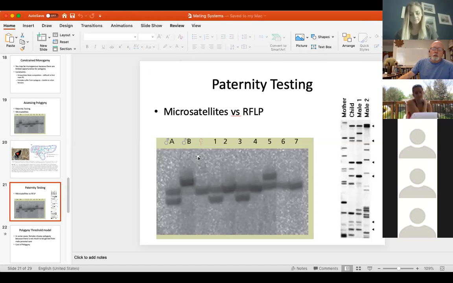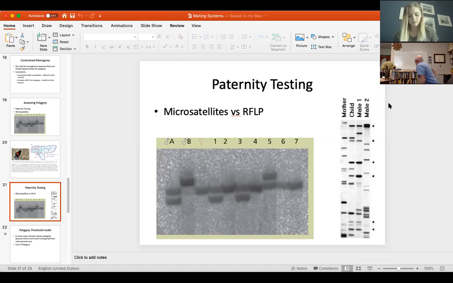So you will have a DNA molecule, and the DNA molecule is a long linear molecule, as you know. Restriction enzymes cut the DNA at particular recognition sites.